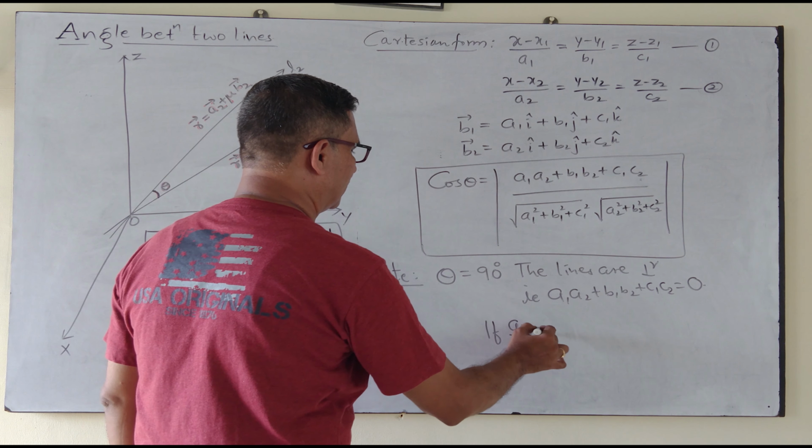You know the formula: cos theta is equal to modulus of b1 dot b2 divided by magnitude of b1 into magnitude of b2.